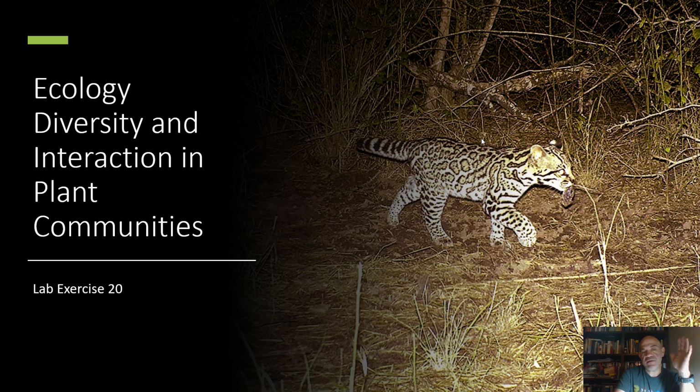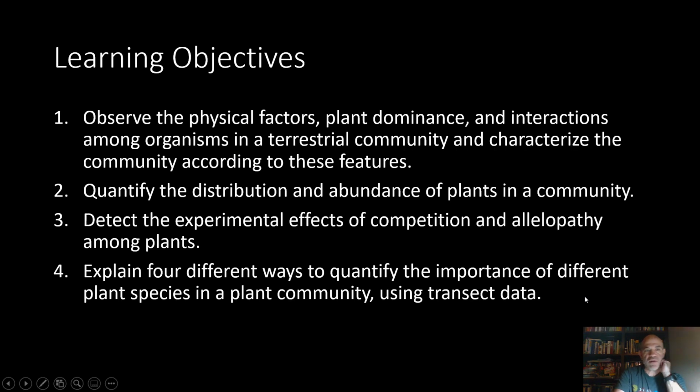So this one is about describing plant communities, analyzing them, and even looking at some of the interactions between plants that occur within these plant communities. So your learning objectives here are to observe physical factors, plant dominance, and interactions among organisms in a terrestrial community, and characterize the community according to those features.